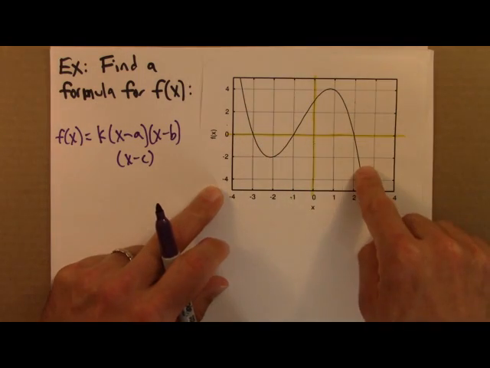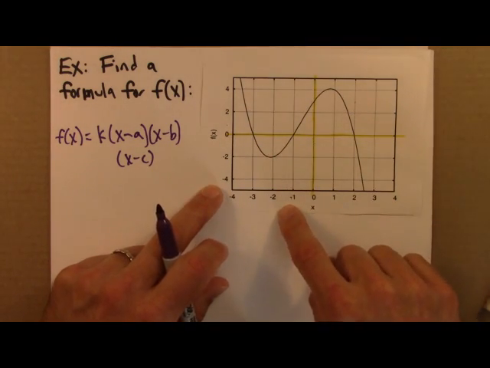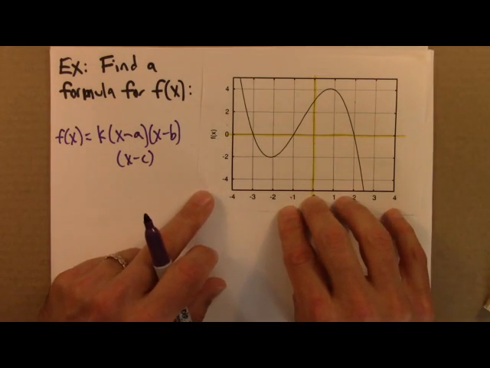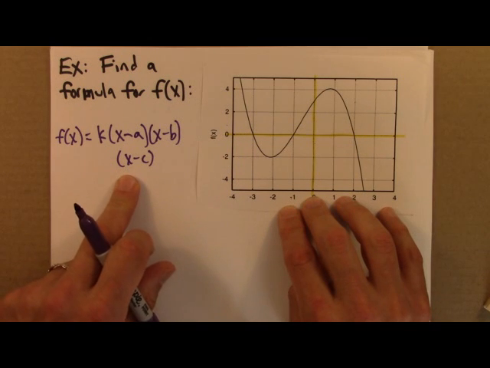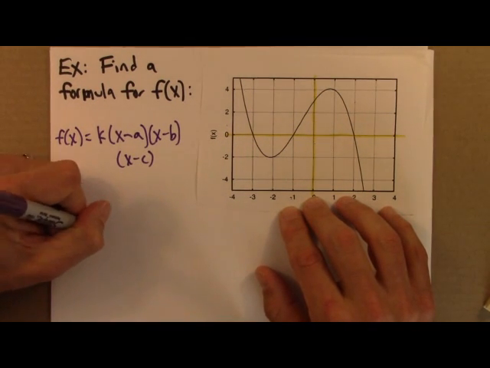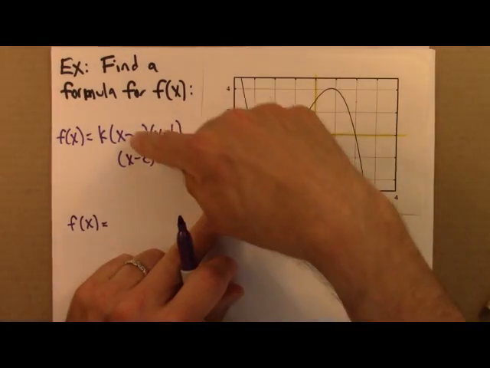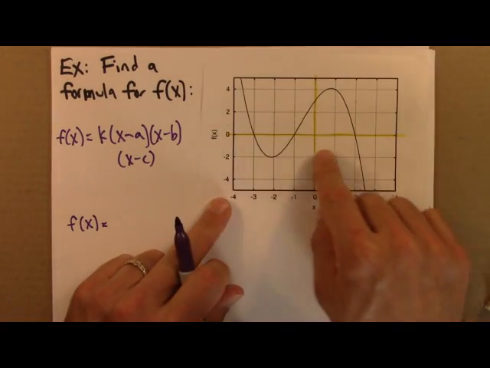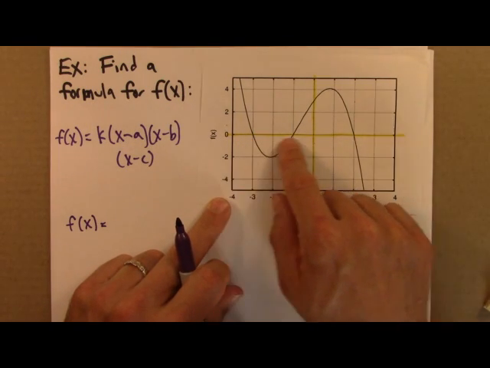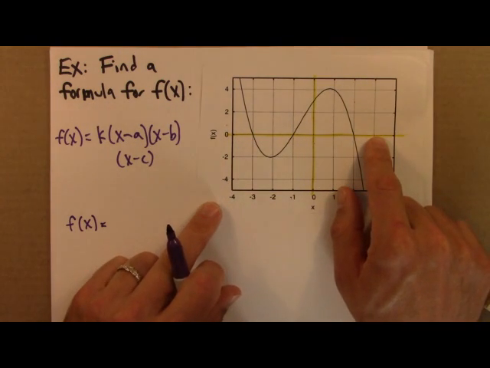So 2 wiggles means it's a third-order polynomial, 3 wiggles means it's a fourth-order polynomial, and so on. So I'm going to have 3 terms multiplied together here. So these terms are just the intercepts of the function, where it crosses the zero axis.